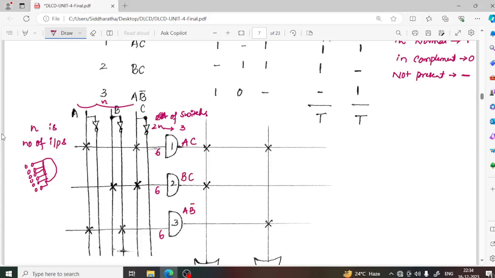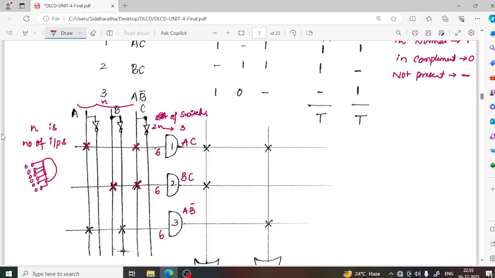So which fuses do you have to connect? For A, put a cross mark, then C. This is the way to represent how we are programming the array of AND gates. Next BC: the B line and C line.